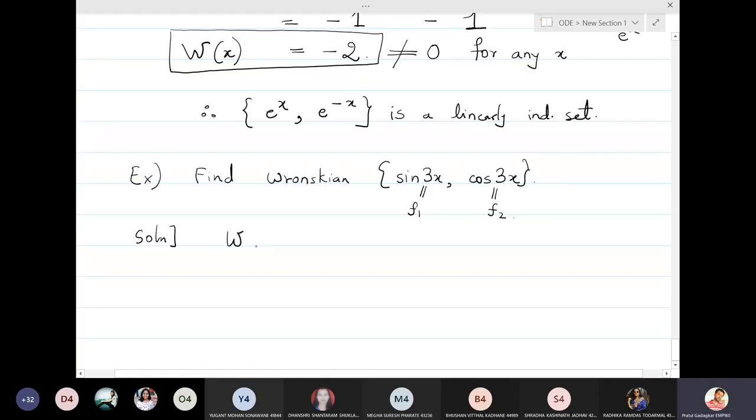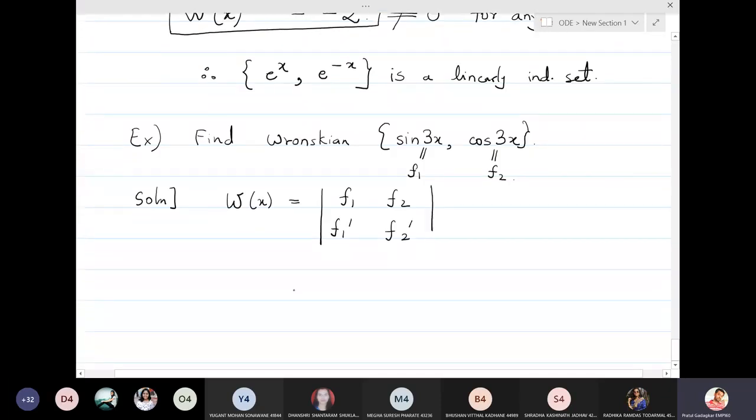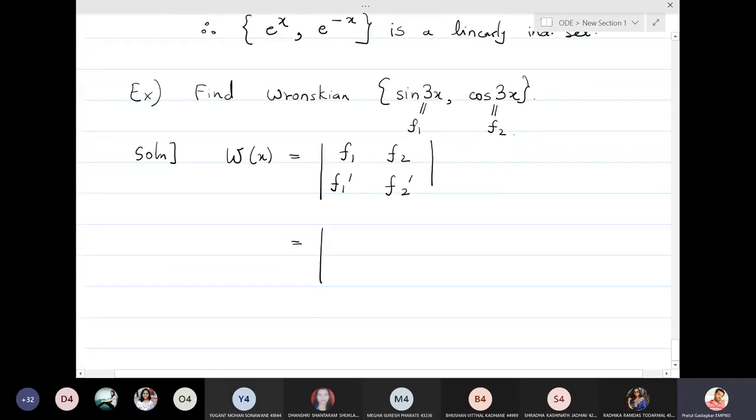So the Wronskian of x is equal to f1, f2, f1 dash, f2 dash, which is equal to sine 3x, cos 3x, 3 cos 3x, minus 3 sine 3x.